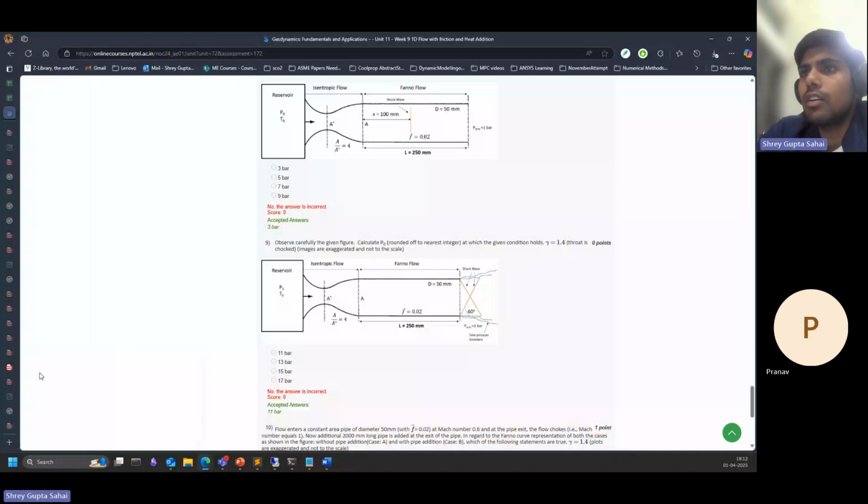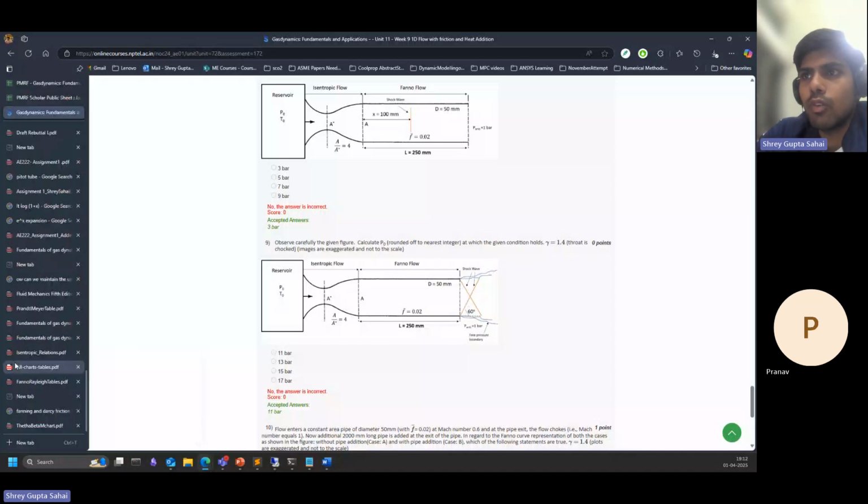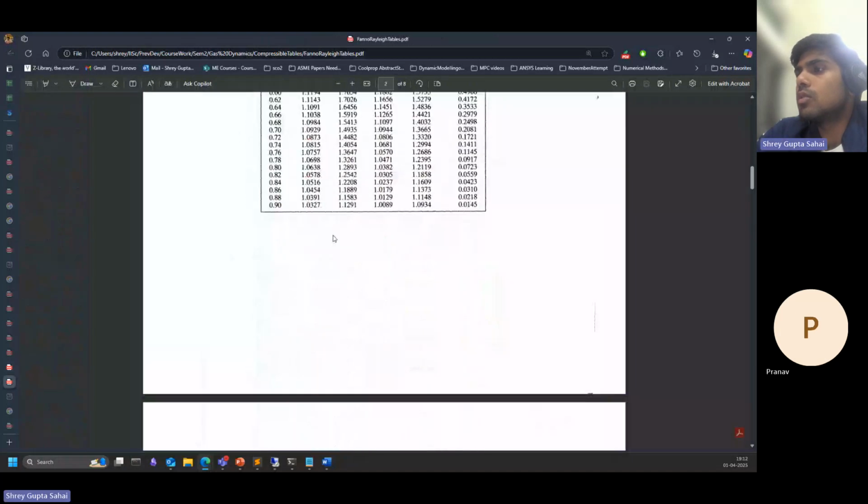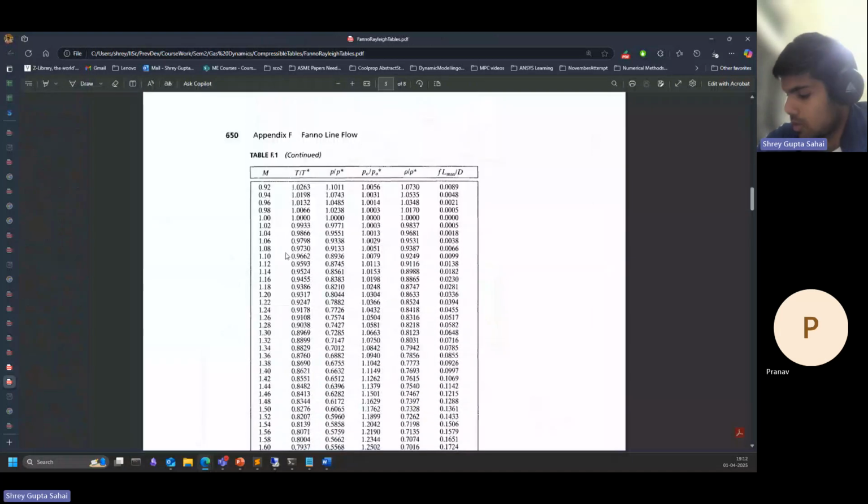We'll have to go back to the Fanno flow tables. We can use the P naught by P naught star values. So what was the Mach number at the exit of the duct? Was it 1.45 before the shock?